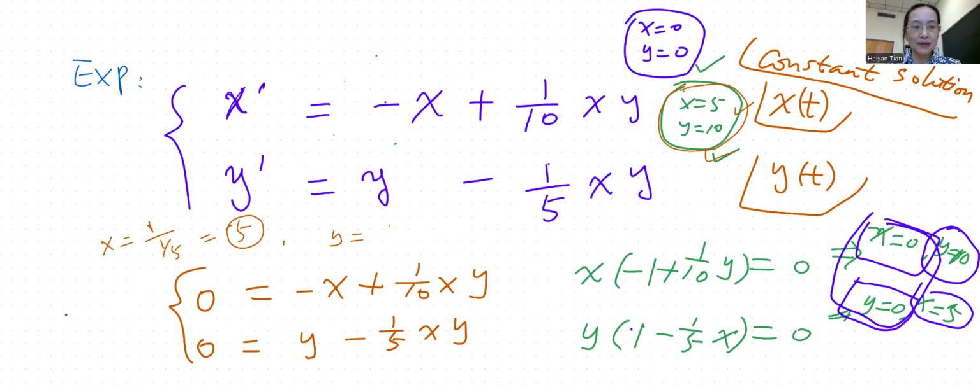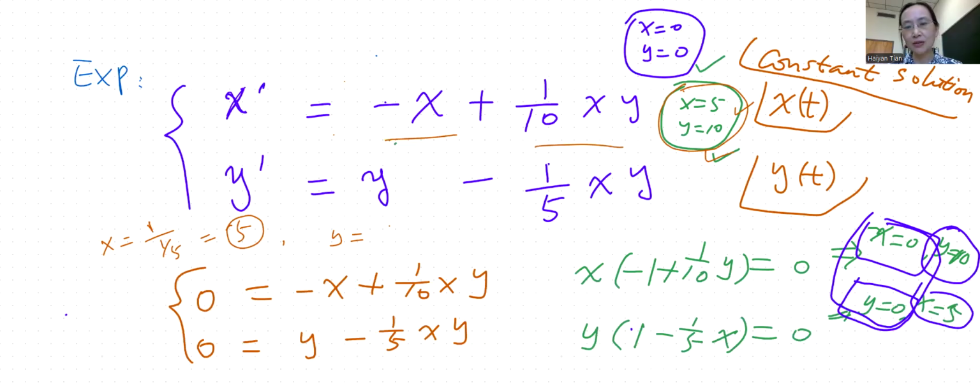This system has a name. This type of model, we call it autonomous, because if you look at the system, do we see T?